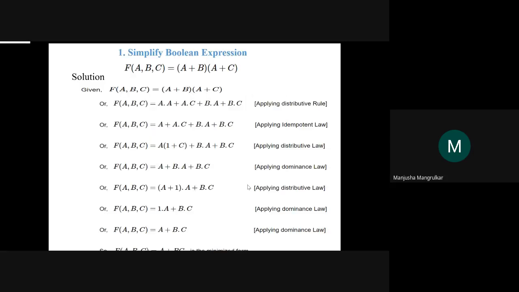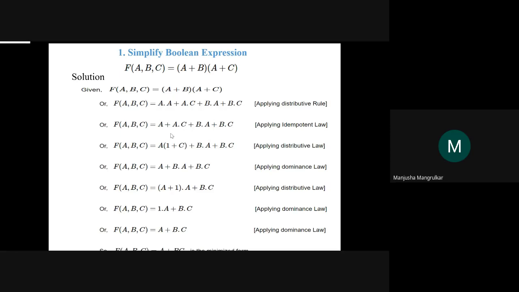Now we'll see one more example. F of x is A, B, C. It can be given in this way. F of x, A, B, C. You will come to know there are three inputs A, B, C. A or B ANDed with A or C. This we have already used in a different way.